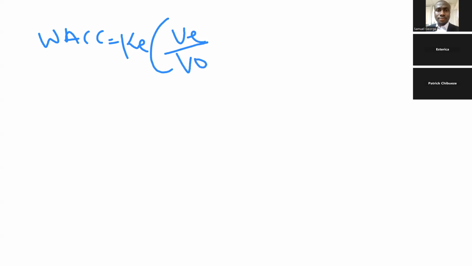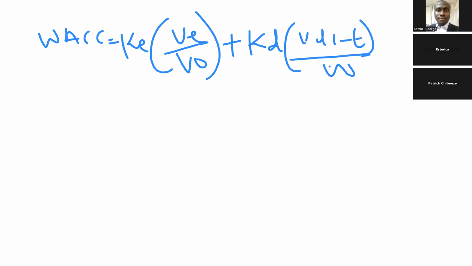You have the formula for WACC: KE times VE over VO, plus KD times (1 minus T) over VO, plus KP if there are preference shares.